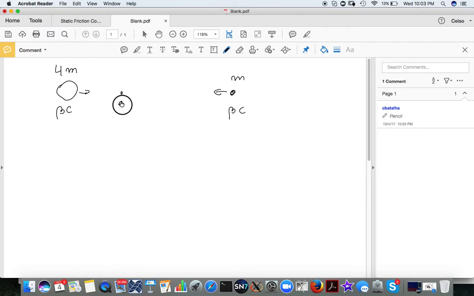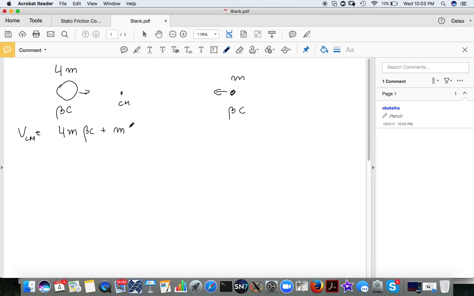So the center of mass has a velocity that is given by 4 times the mass of the first particle times its speed, plus the mass of the second particle times its velocity.